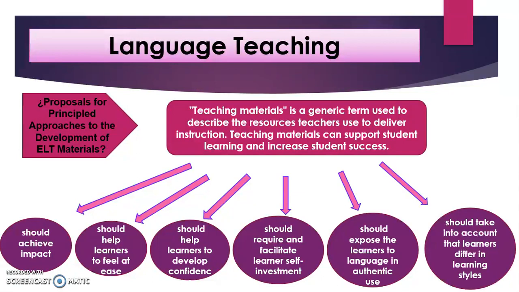For example, there are people who like to use a visual learning style. Visual learners prefer to see the language written down. There are people who prefer auditory, when learners prefer to hear the language.